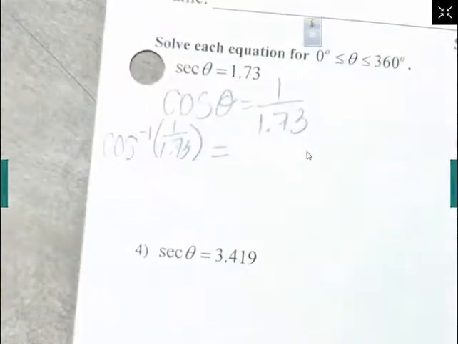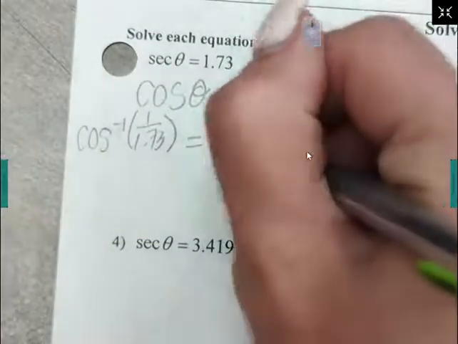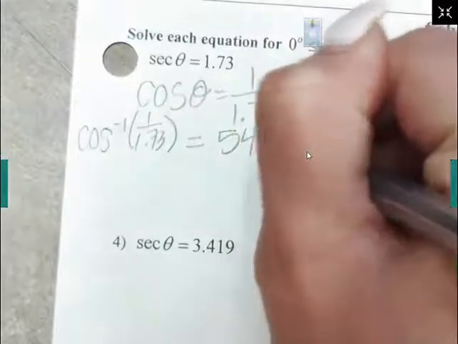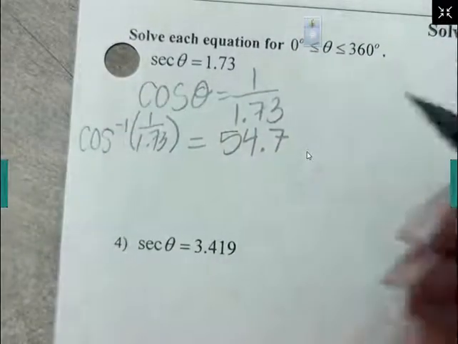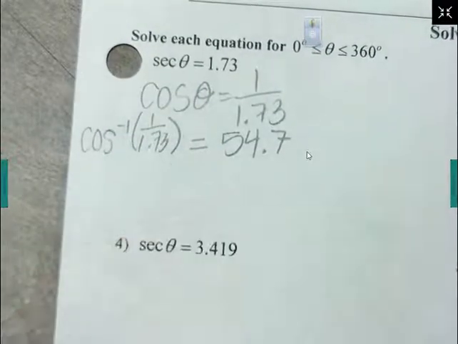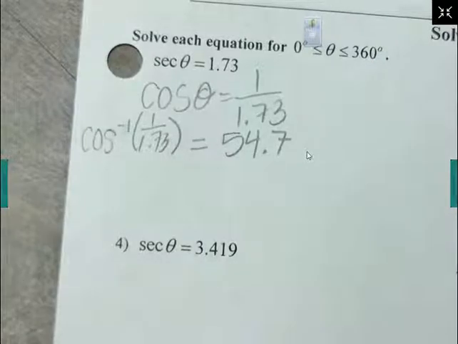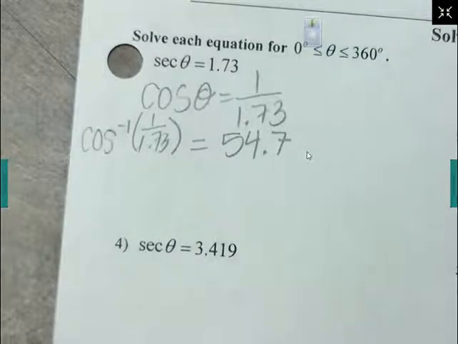That's an S with a negative 1. Cosine inverse. Okay? 54.7. Did everybody get 54.7? Okay, so now what? Wait, what do we round to on these? Nearest tenth of a degree.